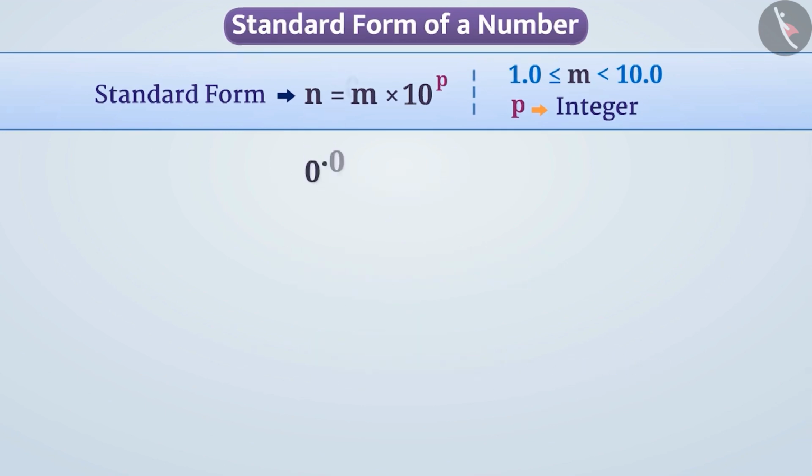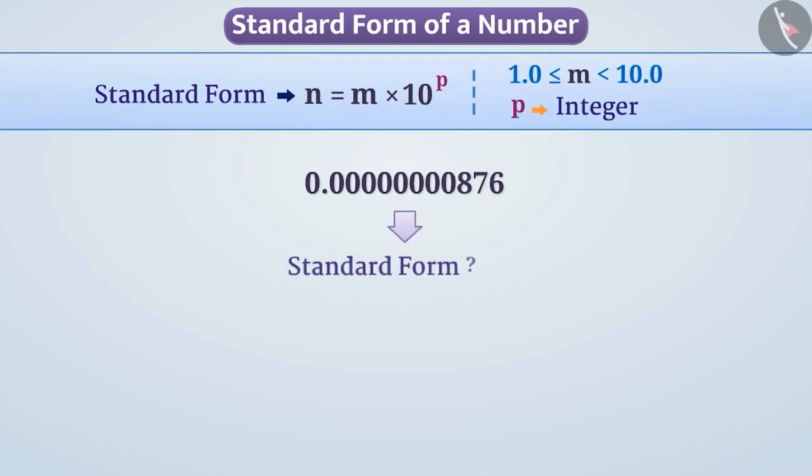Now let's find out how very small numbers can be written in standard form. Now if you are given a very small number of this type, then will you be able to write it in standard form? Give it a try. Let me tell you, we have to represent this as m into 10 to the power of p, where m is greater than 1 but less than 10.0 and p is an integer.